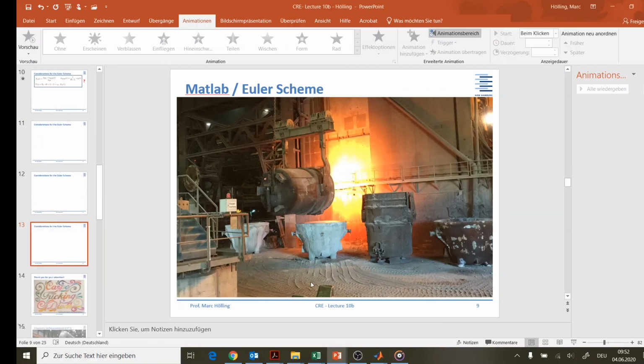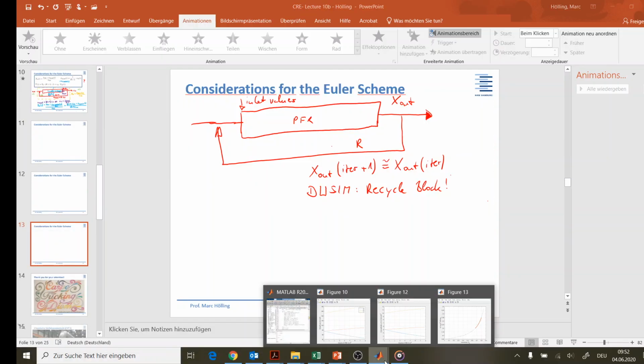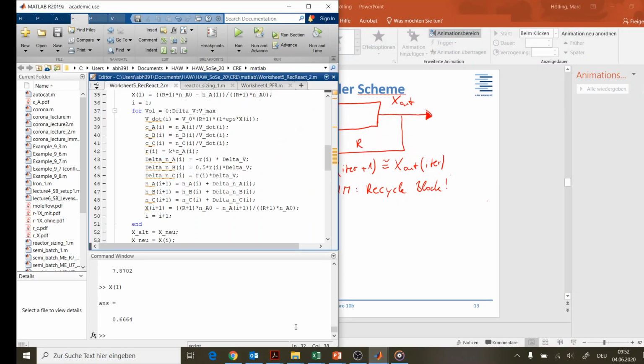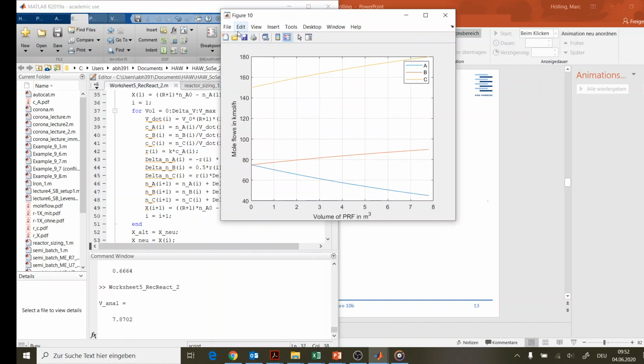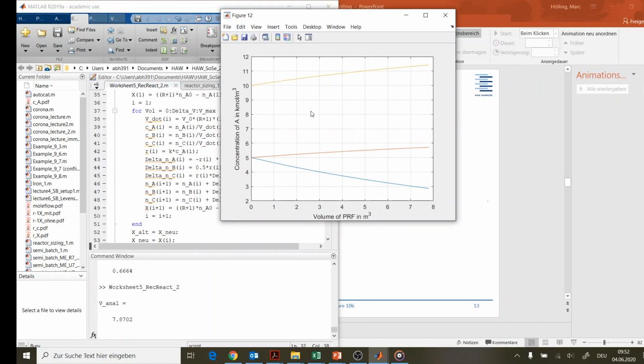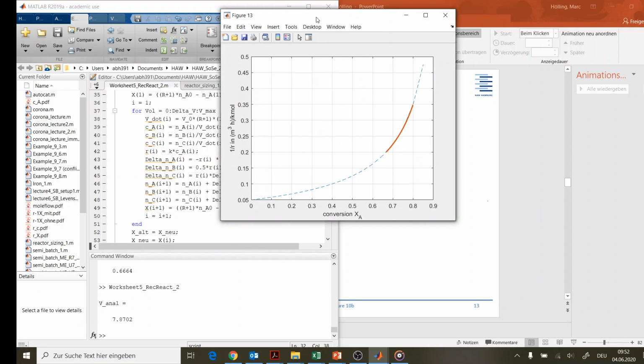There's MATLAB. Okay, so let's first have a look at the pictures that I get. This graph you already know from the previous video. Here you can see the conversion curve, or conversion versus 1 over R curve. This was just to make sure that I'm simulating the process correctly.